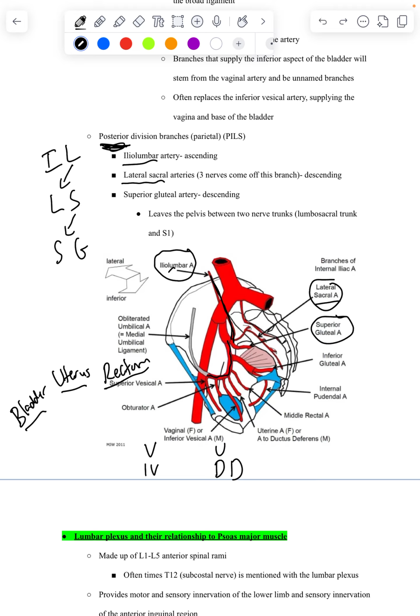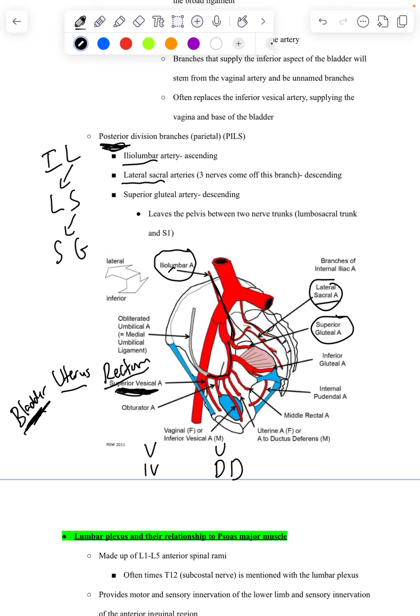The first one that you see here is your superior vesicle, which makes sense because this is anterior, this is posterior, and then this is lateral. It shows you lateral on the side, and then down would be inferior. So the most anterior is going to be the one that controls the bladder, which makes sense because that's your most anterior organ there. So you have your superior vesicle first.